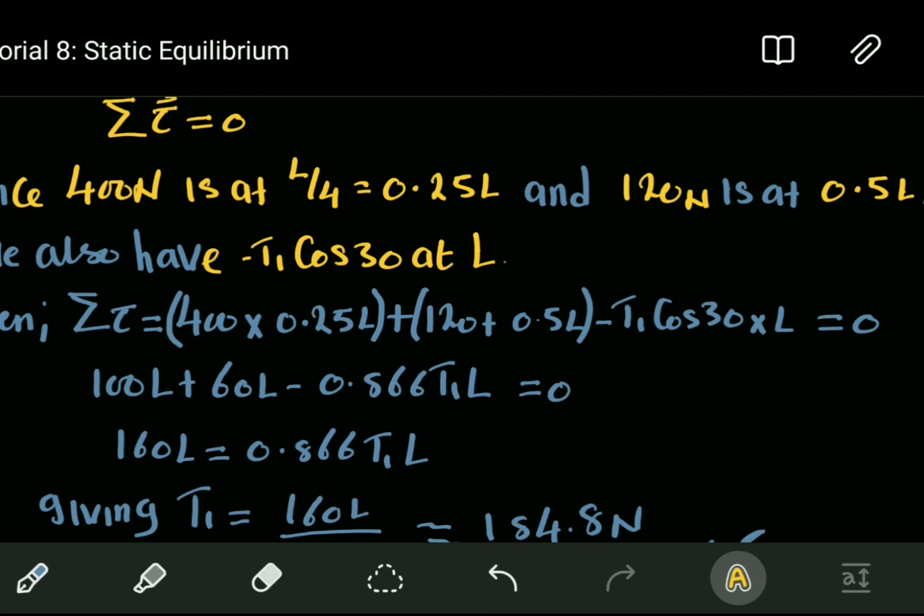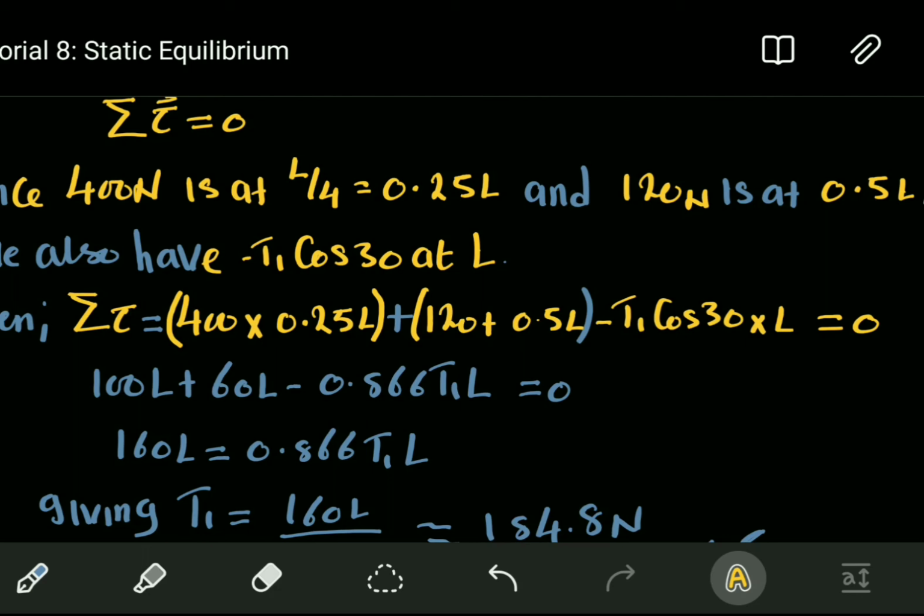So the sum of the torques is 400 times 0.25 L plus 120 times 0.5 L minus T1 cos 30 times L, which must equal 0.